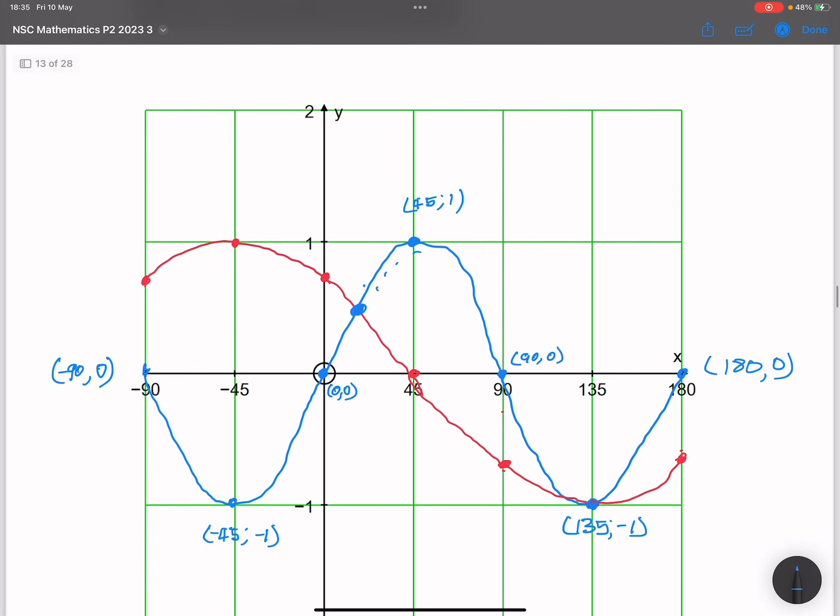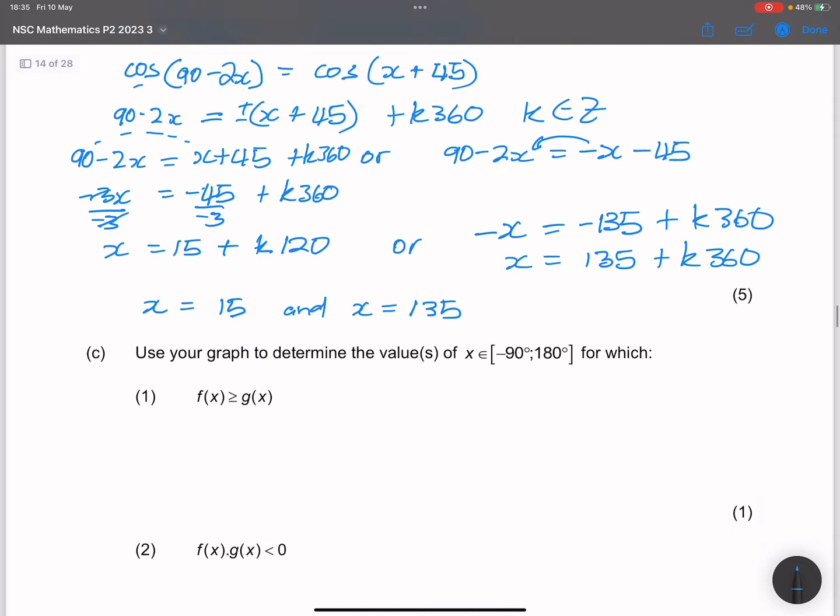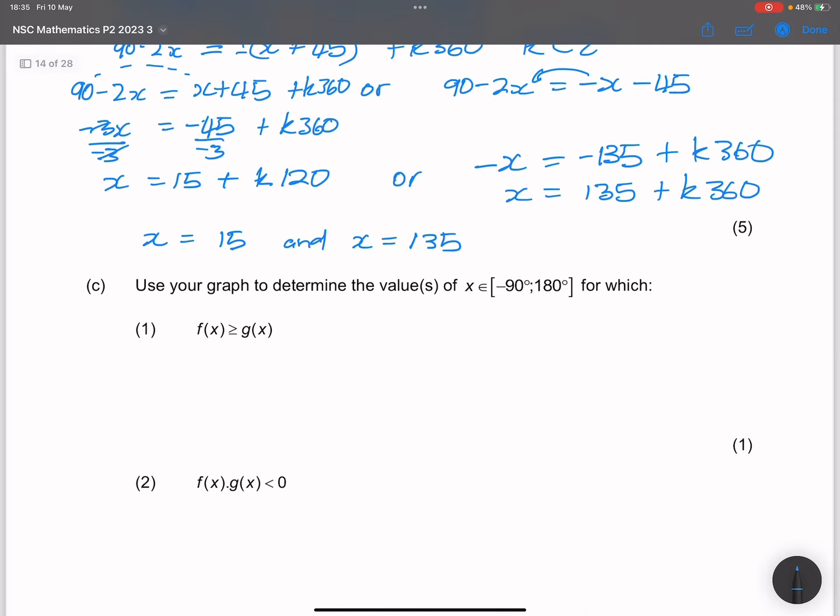So x is an element of 15, right? So remember they intersected at 15 there all the way till 135. So I can say x is an element of, now remember they said greater than or equal to, so I'm going to say 15 included because they are equal there, all the way up until 135.